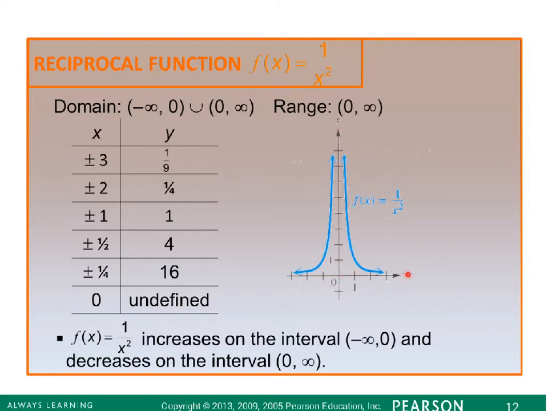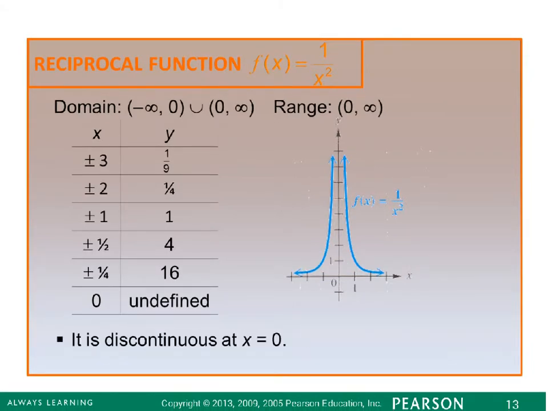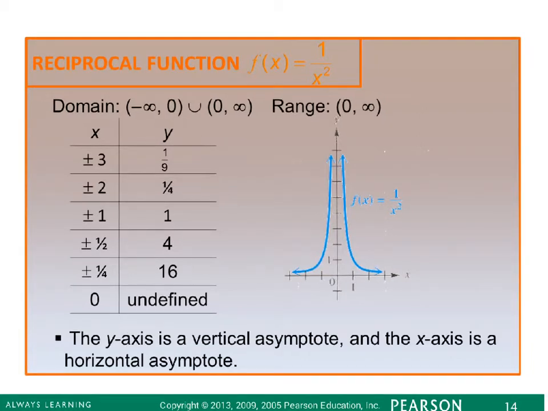So from 0 to infinity, it is decreasing. And we should know that at x equals 0, that's our vertical asymptote. That is our point at which it is discontinuous. And then the y-axis is the vertical asymptote, and the x-axis is still our horizontal asymptote.